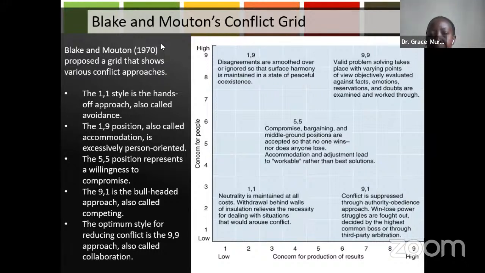If you're able to internalize Blake and Mouton's grid in relation to conflict management, if you can internalize this as an individual, as a manager, and carry this with you, then for me, this summarizes everything we are doing in this course.